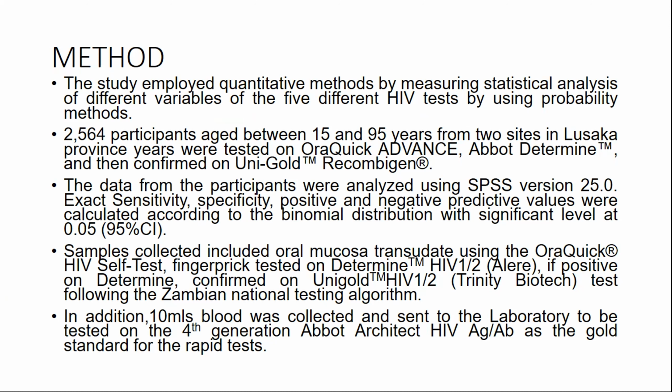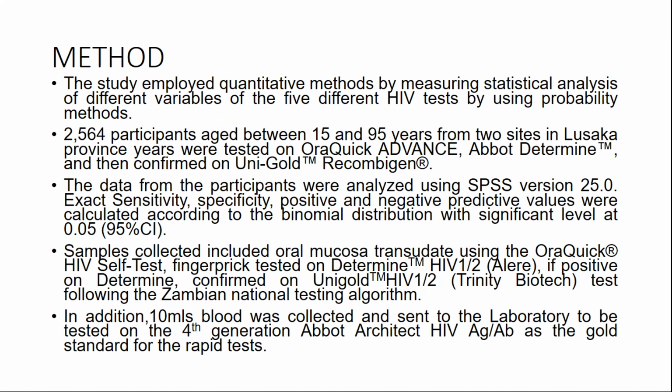Samples collected included oral mucosa transudate using the OraQuick HIV self-test kit, then finger prick tested on Determine HIV. If positive on Determine, it was then confirmed on Unigold. This test was done in accordance with the Zambian national testing algorithm.